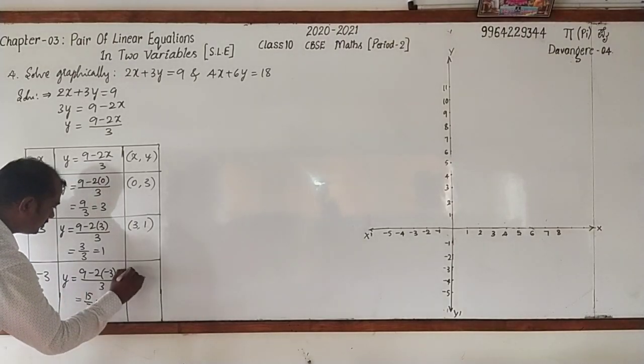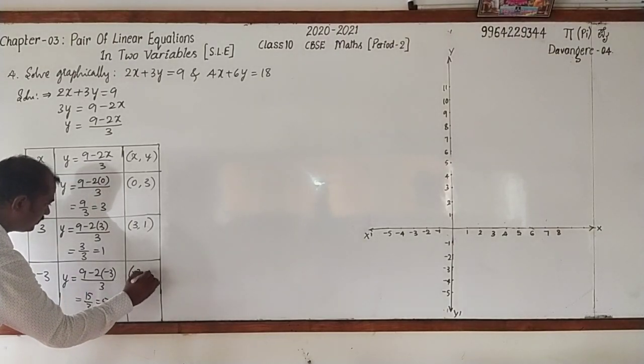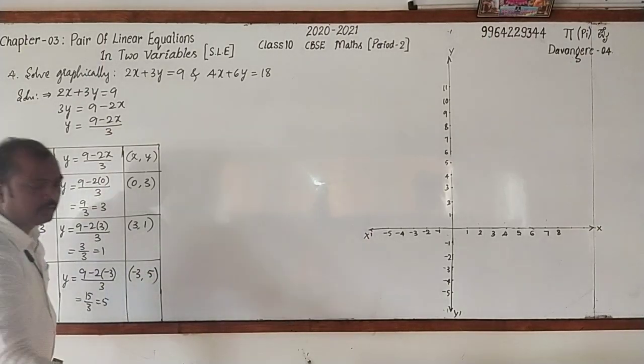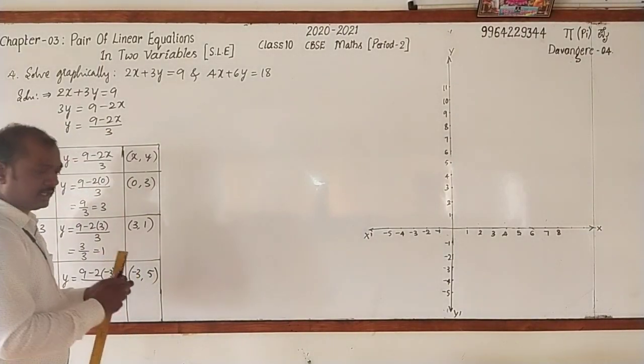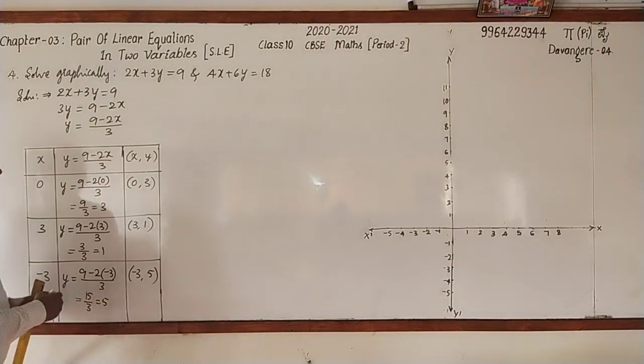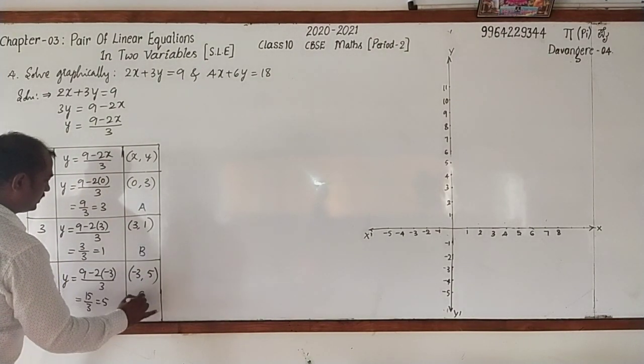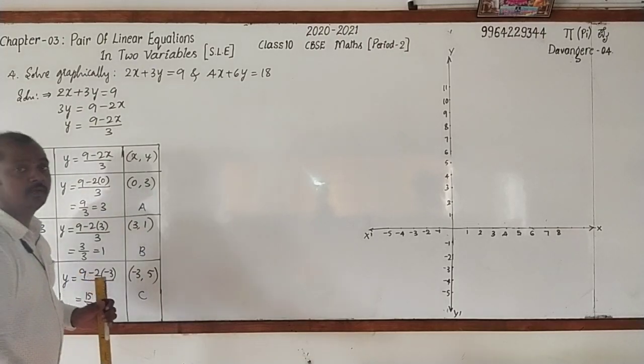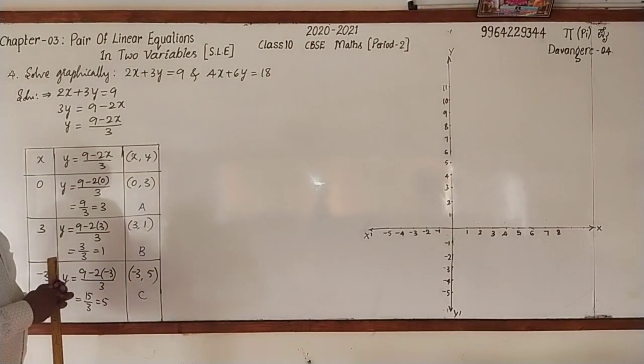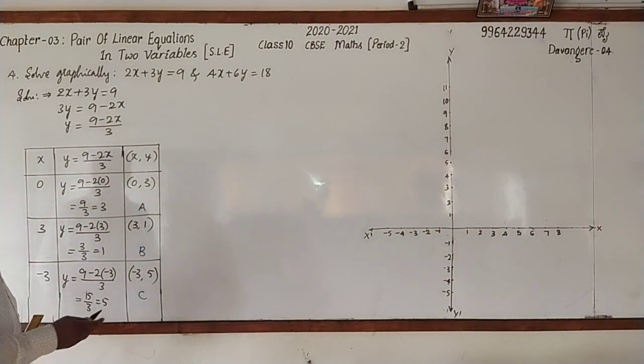When x is minus 3, y is 5. Let us call these points again A, B and C. Now let us find out the coordinates of the second equation.